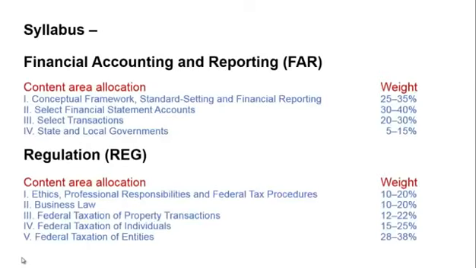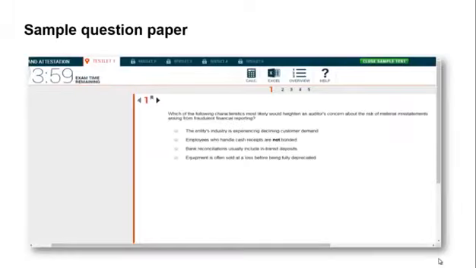For financial accounting, the most important aspects are US GAAP or IFRS, the transactions of financial statements, and dealing with local governments. For regulation, which is law related, there is federal taxation of property, individuals, as well as entities. This is a sample question paper for auditing. You can check on the CPA website.